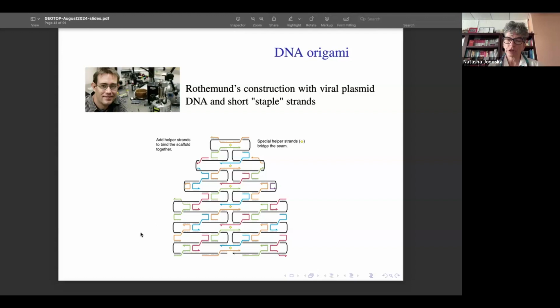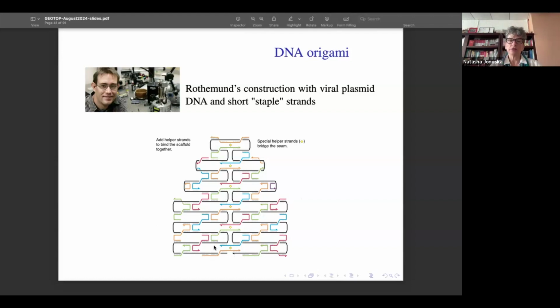How DNA origami works: there's a cyclic molecule, a plasmid, a long molecule threading the structure throughout that is being joined together with a multitude of short molecules that join different parts of the molecule together, and then the formation happens.